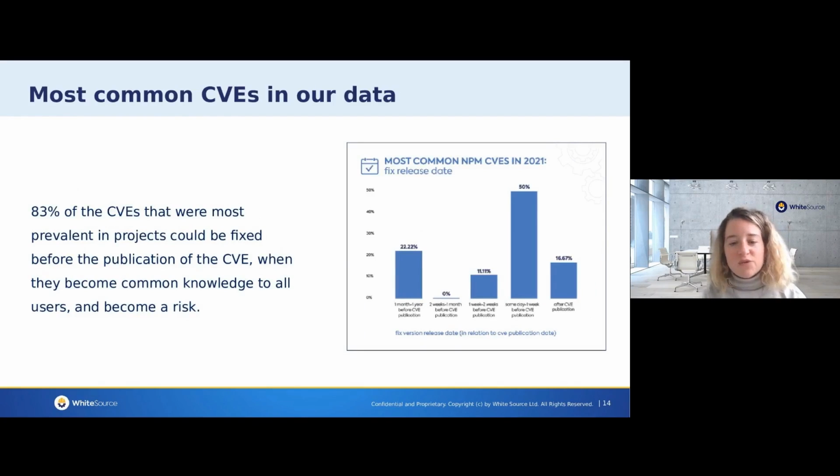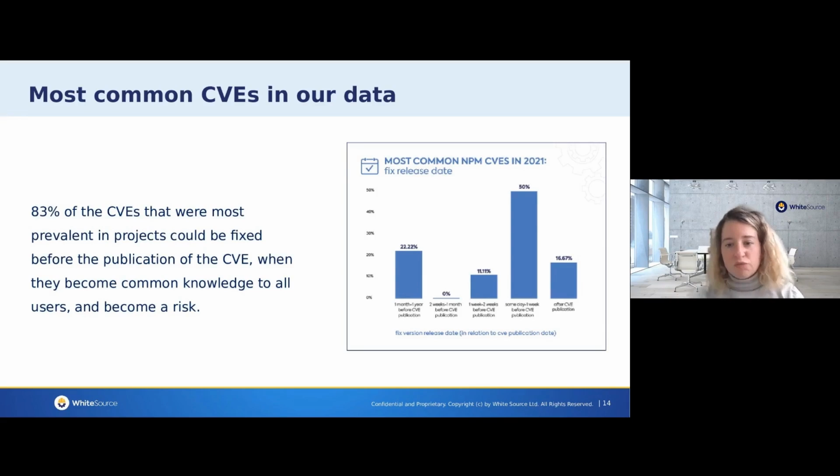And then we try to understand if that data that you just saw was for all the CVEs in NPM that were published during 2021. And then we try to have an even more relevant research to understand, is this true also for the most common NPM projects, or for the most common, it says here NPM CVEs, but those are actually the NPM libraries.